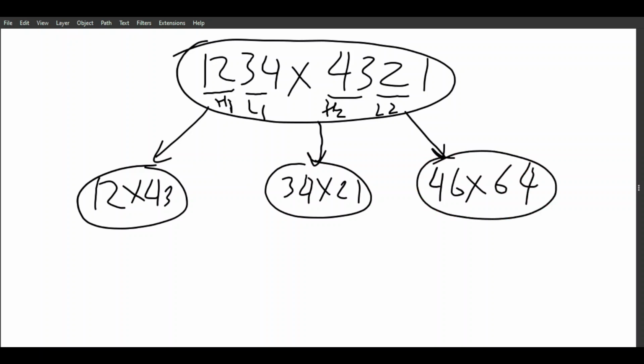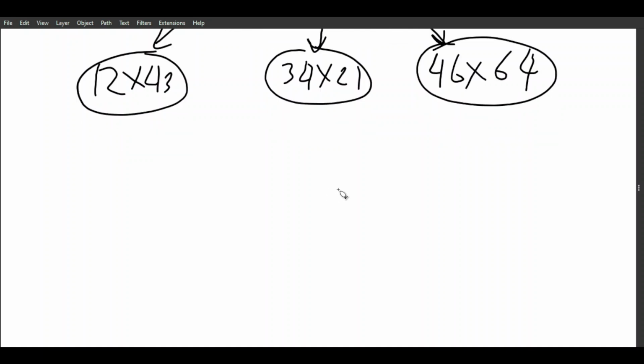So now we have 3 subproblems. Again continue like this. For a sample we can take this second problem, 34 multiplied by 21. Again apply the same idea, divide this into 3 subproblems. Again here we have the high part and low part, h1 l1, h2 l2.